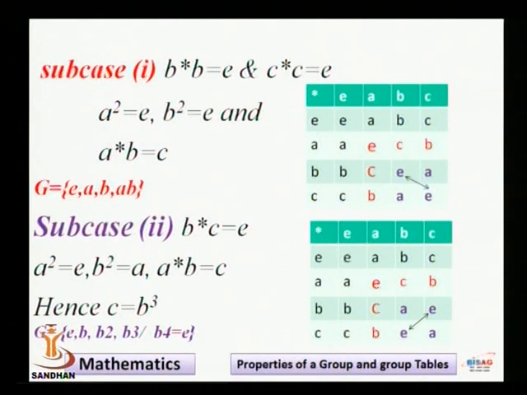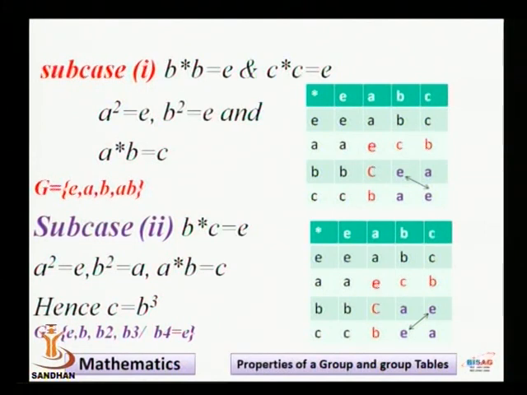So this will be the group of the type G equal to E, A, B, and the fourth element is the product of A and B. In the second subcase, if we take A star A is equal to identity with B star C equal to identity, then we got A square is equal to identity, B square is equal to A, and A star B is equal to C. If we put the value of A equal to B square here, we get B square into B is equal to C. This will give us C is equal to B cube.